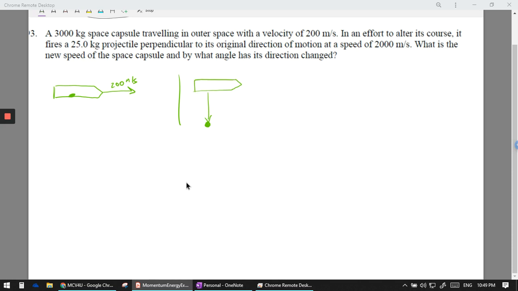The space capsule itself, while this happens, will end up pushed that direction. Let me make a better picture, because this picture isn't working out very well.